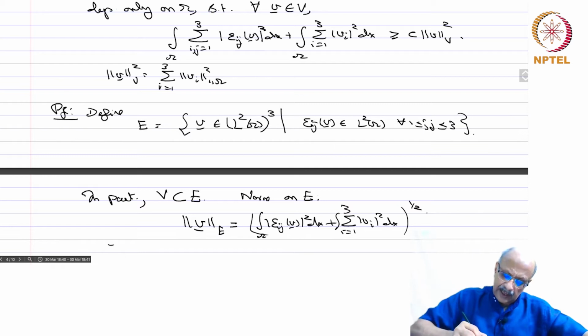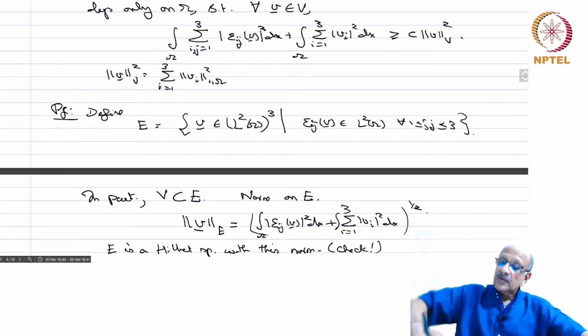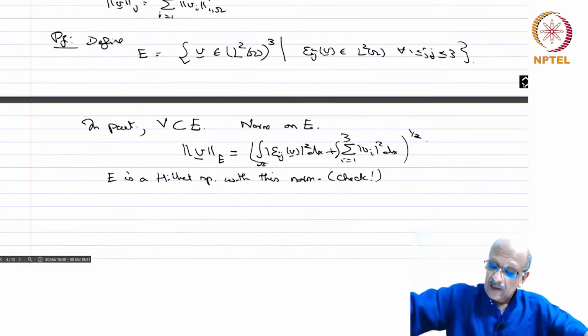So then E is a Hilbert space with this norm. I leave you to check this. This is some simple checking which you have to do.